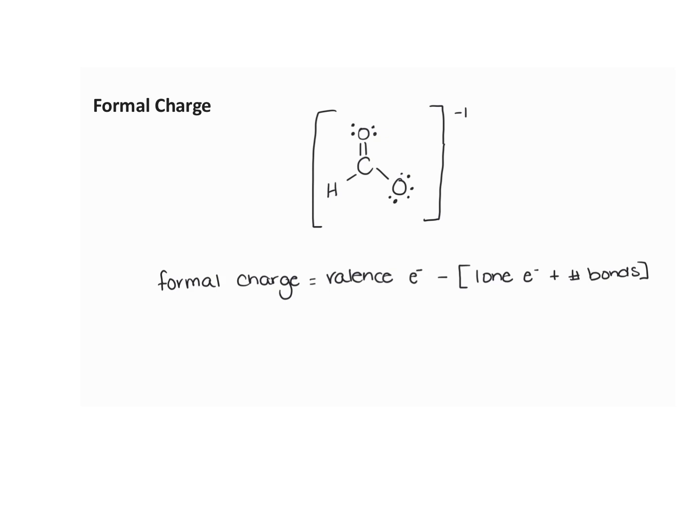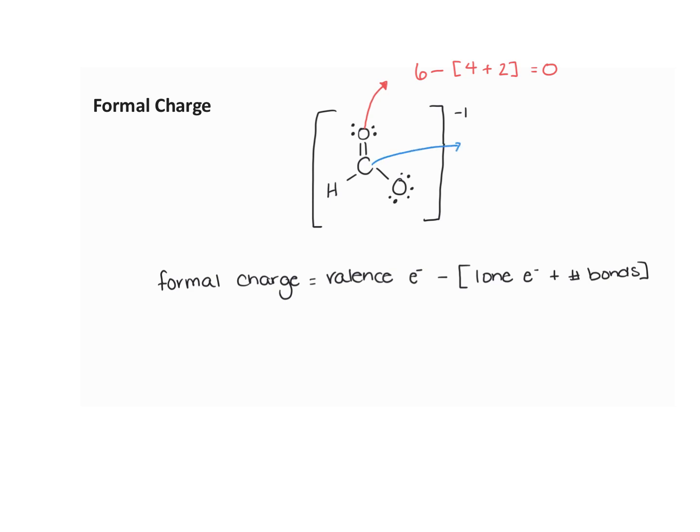For example, I want us to do that for this oxygen right here. For the formal charge here, oxygen has 6 valence electrons. We're going to subtract the number of lone electrons. There are 4 lone electrons there because there are 2 lone pairs. And then there's a double bond, so that means there are 2 bonds. And that gives us 0, and that's the formal charge on that atom.